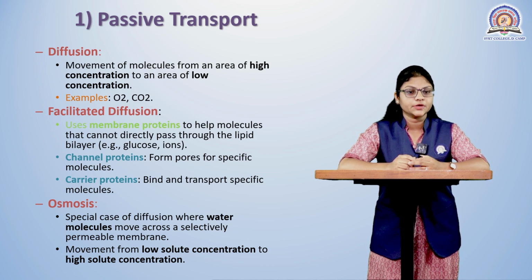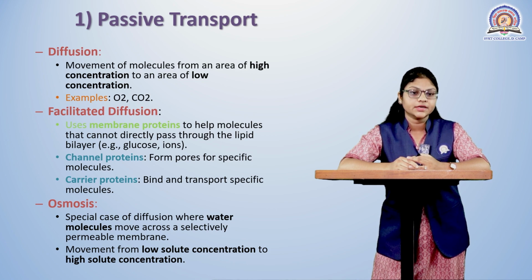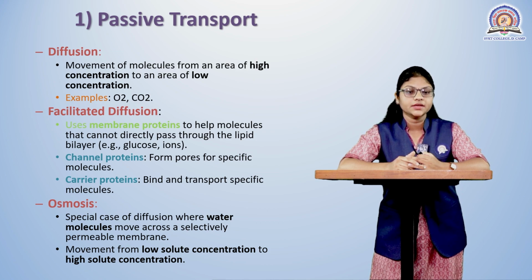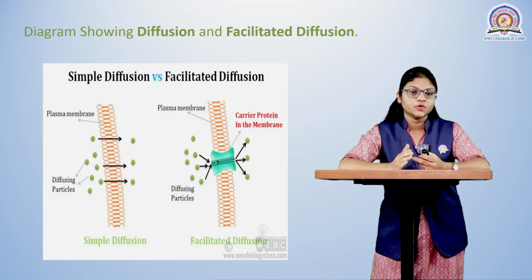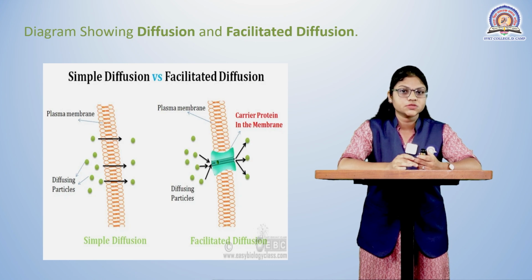This is the difference between the two processes. Here the solvent, that means the water molecules, moves from low solute concentration to high solute concentration, that means from high solvent concentration to low solvent concentration. This is called osmosis.